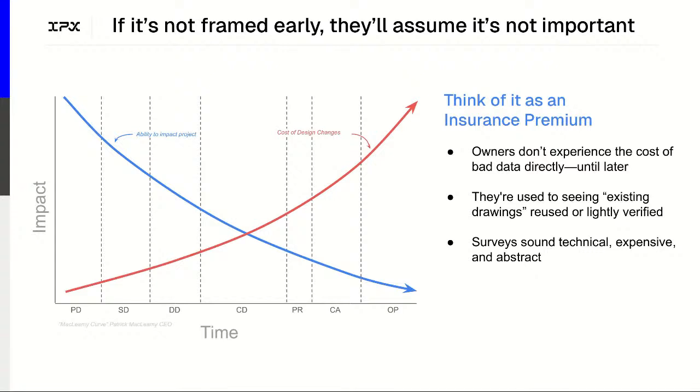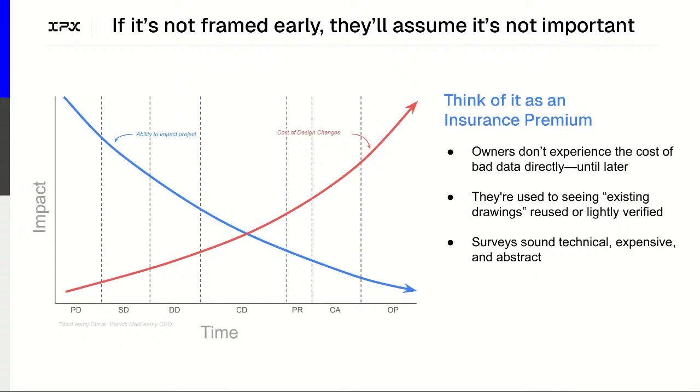And so the way that I like to think about framing this whole existing conditions or verification of conditions is to think about it in terms of an insurance premium. So owners don't really experience the cost of this bad data until it's too late.